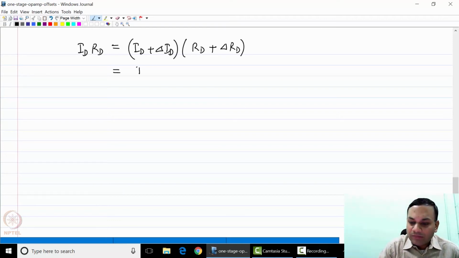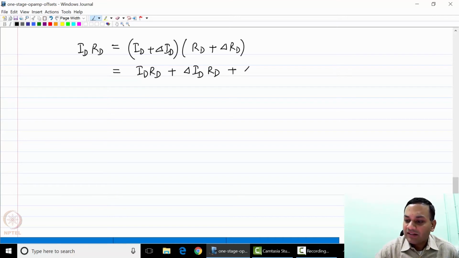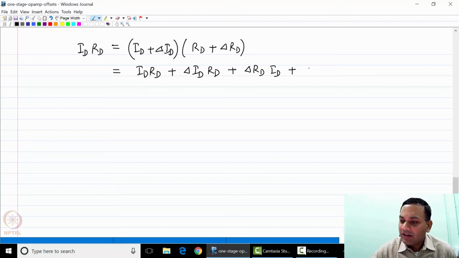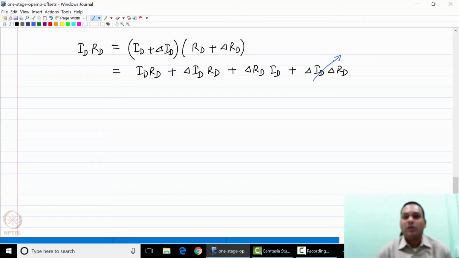So this is ID RD plus delta ID RD plus delta RD times ID plus delta ID delta RD, which we will neglect because it is the product of two terms.